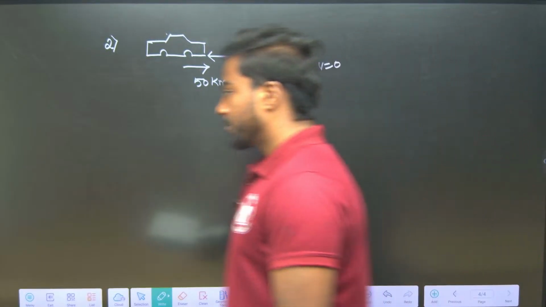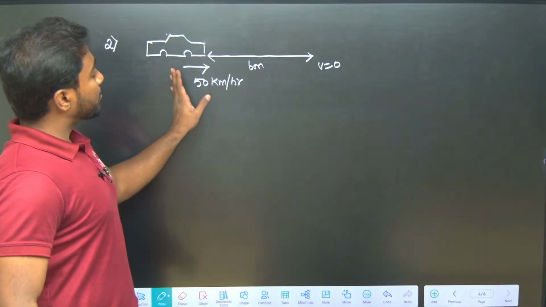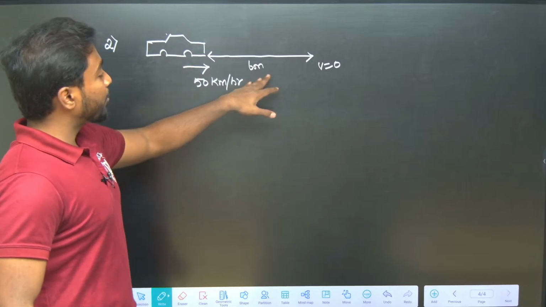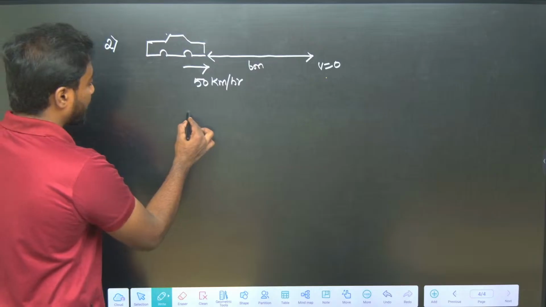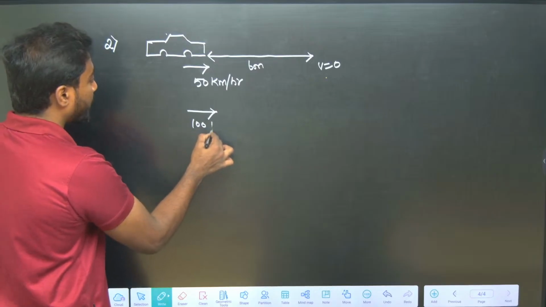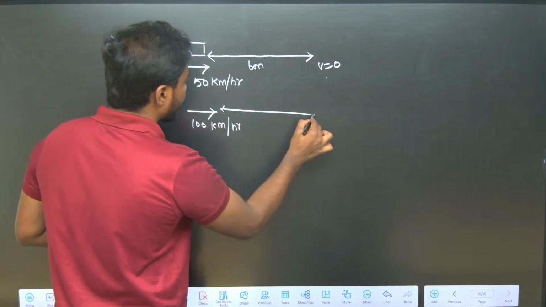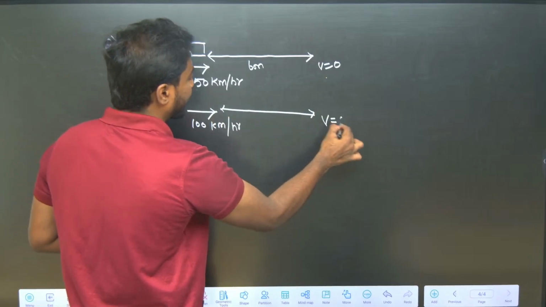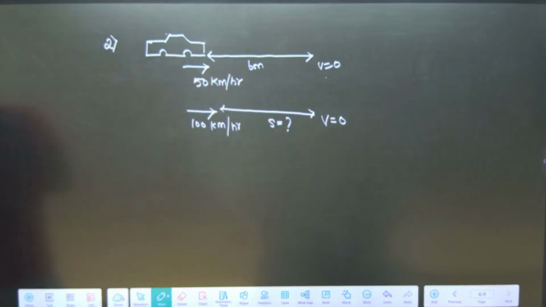So first, what they are saying is, it is moving with 50 kilometer per hour. It has taken 6 meter to stop. Now the same car going with 100 kilometer per hour, how much distance will it take to come to rest? Yes, I need to find. Okay.